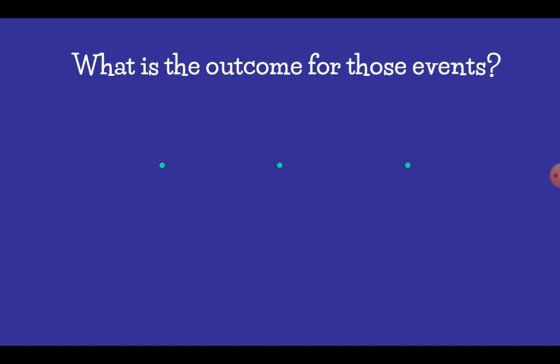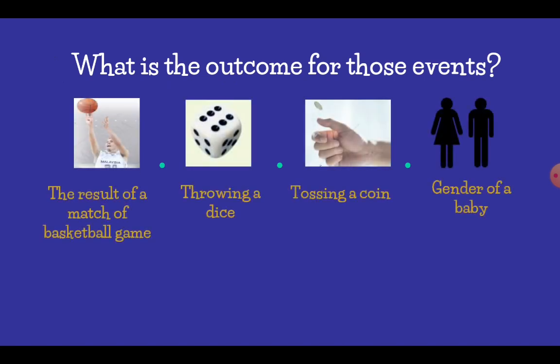Okay, so first of all, let's look at these events. What is the outcome that you think might be for this case? Okay, so what are the outcomes for the result of a match of a basketball game? Okay, basically, you know that every match it can only lead to 3 possible outcomes, which are you might win, you might lose, or you might have a draw.